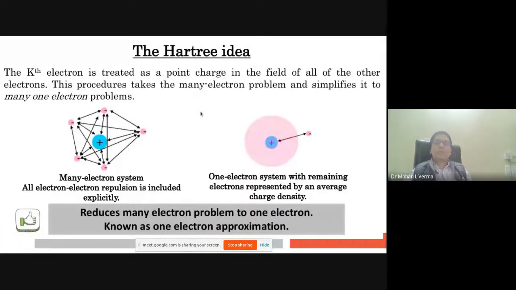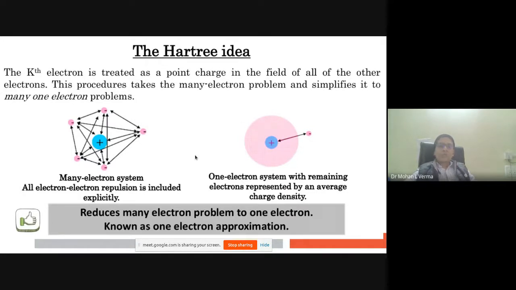Now, the next step is the idea given by Hartree. In this idea, the many-electron system is converted into a one-electron system. In place of taking different electrons, the electron cloud, or electrons taken as a liquid, is used in terms of electron density.